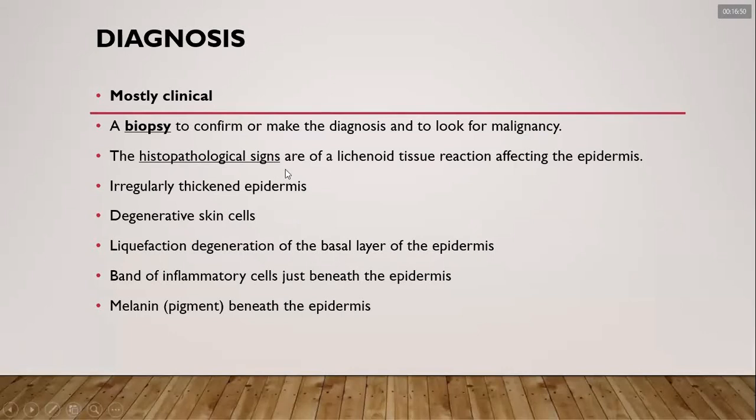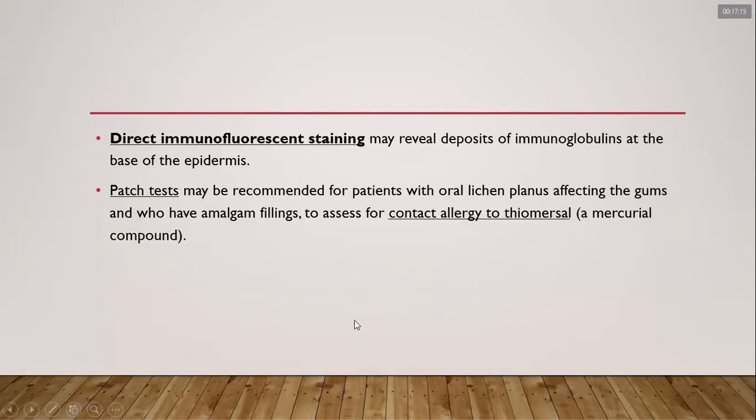The histopathological signs are of a lichenoid tissue reaction affecting the epidermis: irregularly thickened epidermis, degenerative skin cells, liquefaction degeneration of the basal layer of the epidermis, and a band of inflammatory cells just beneath the epidermis, leading to formation of civatte bodies and colloid bodies, and melanin pigment beneath the epidermis.